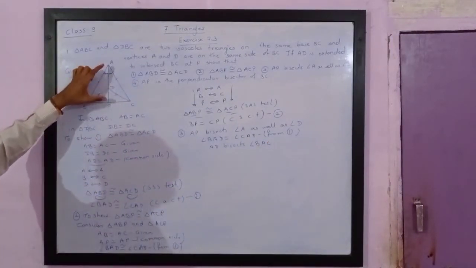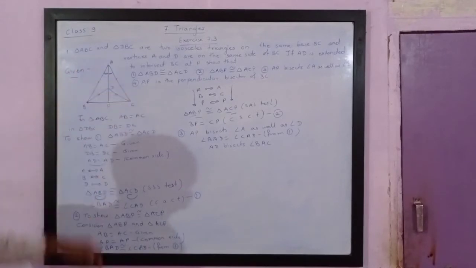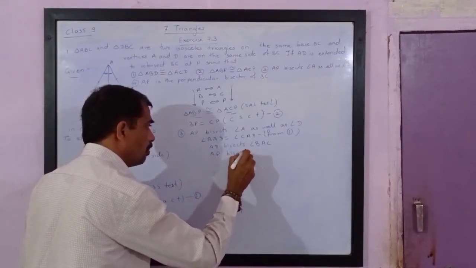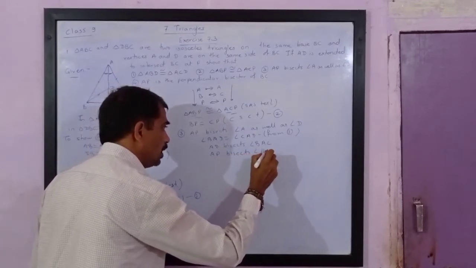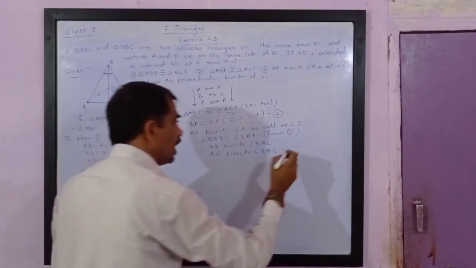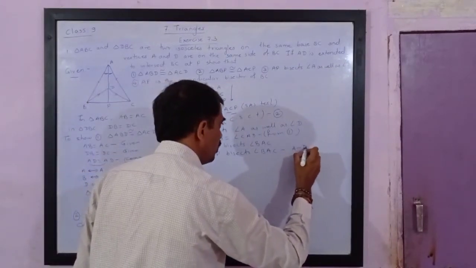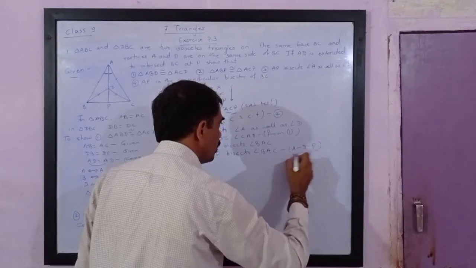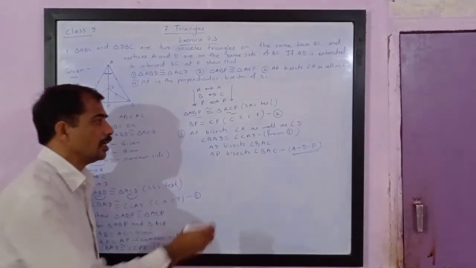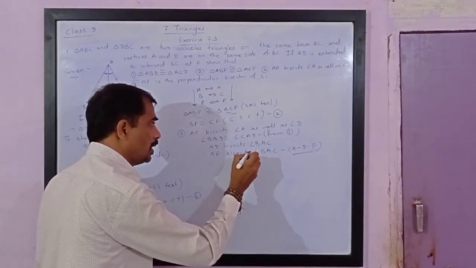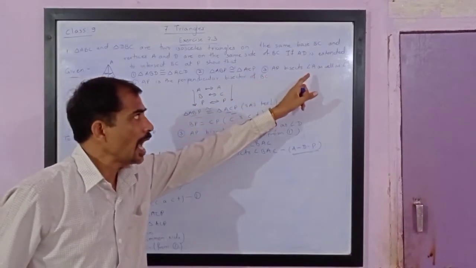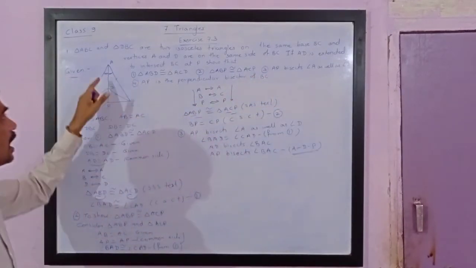If AD bisects, I can say AP bisects angle BAC. Here, this I can say because D is between A and P. Please note here, D is between A and P. So I can say that AP bisects angle BAC. Now we have to prove that AP bisects angle D as well. BAC means angle A itself.